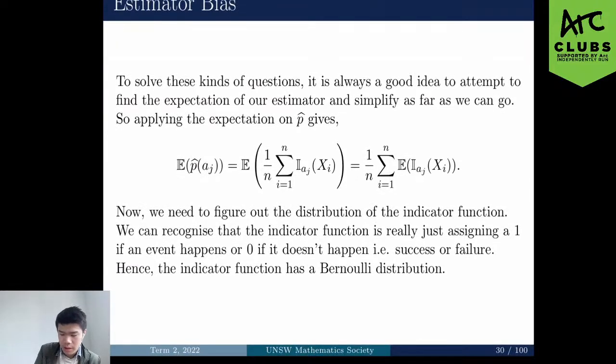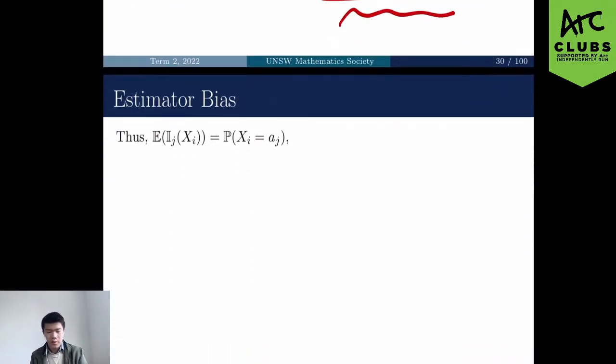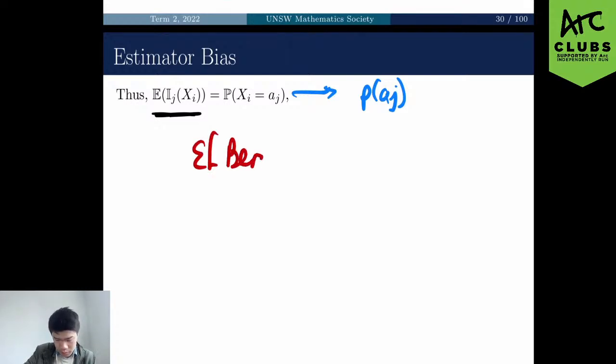So you can read through this in your own time, but basically the distribution of the indicator function is just equal to a Bernoulli random variable. And specifically, it's going to be equal to P of xi is equal to aj, or as we said before, P of aj. Because we know that the expectation of Bernoulli is equal to P.